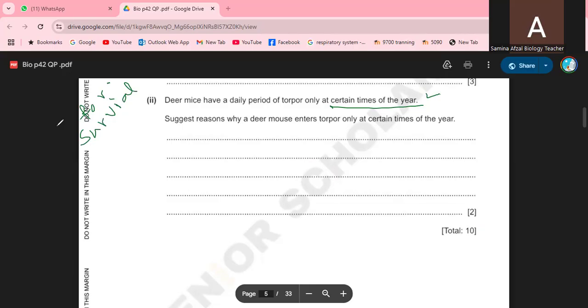due to a change in the environmental conditions, due to less environmental resources. In simple words, when environmental resources are less, it needs energy.